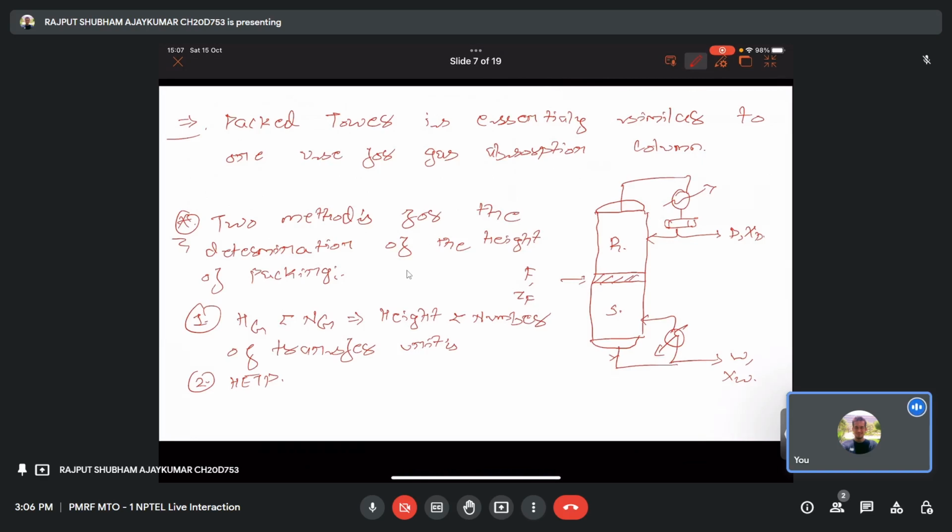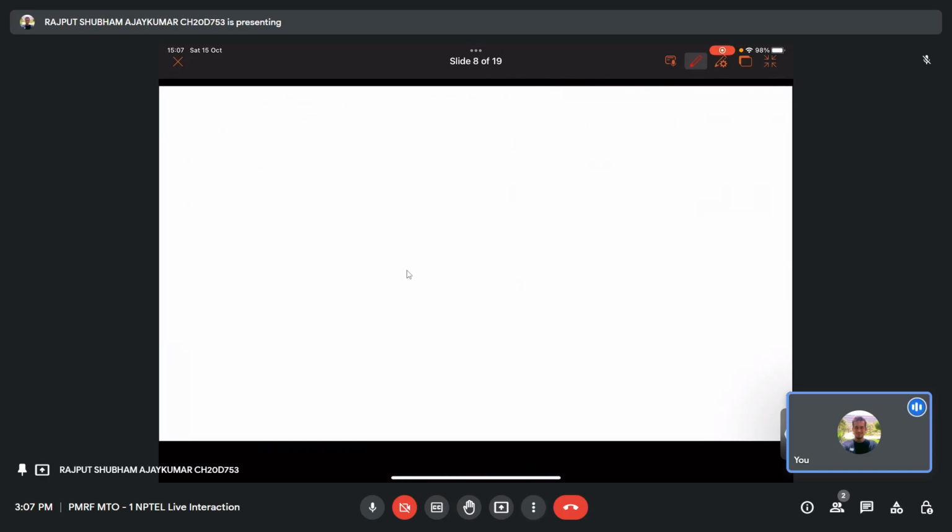So I will write the specific equations used for determining the packed height, like the operating line equation, similar to McCabe-Thiele, and the equilibrium line.